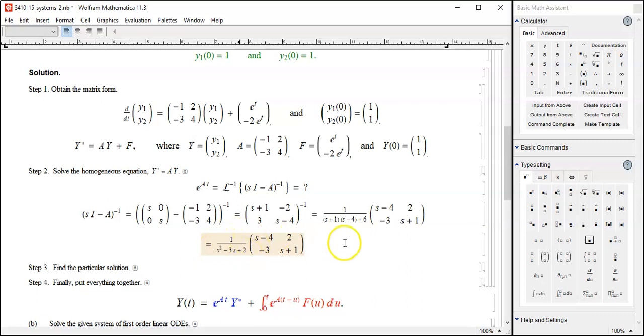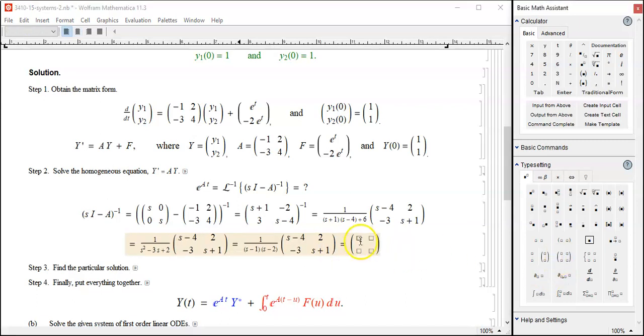Then this can be factored even further. Looks like this can be factored. That's s minus 1, s minus 2. Did I get it right? So I can slip this into each entry here. If I do that, this is the matrix expression I'm gonna get.